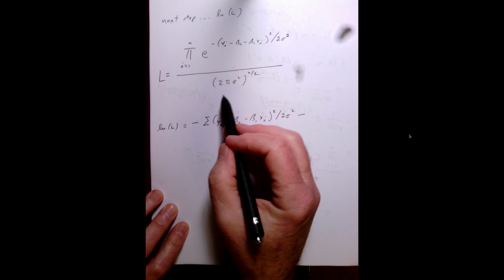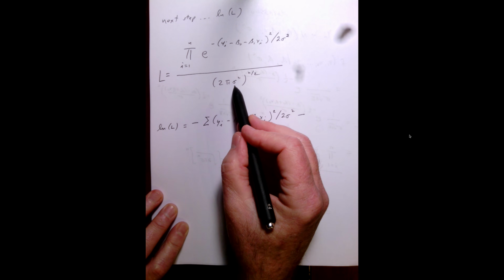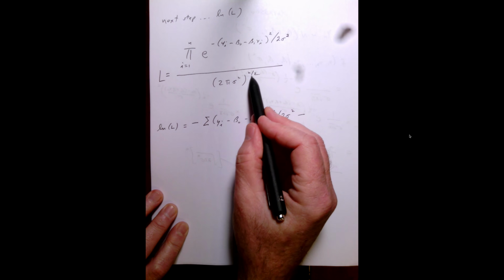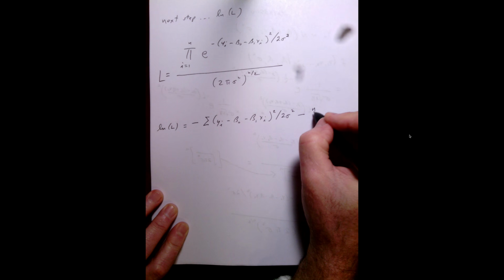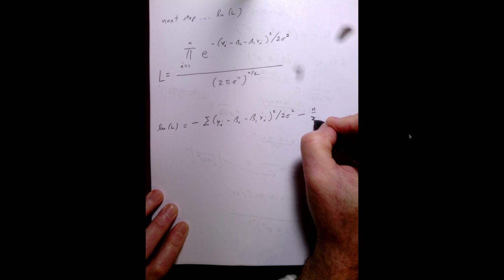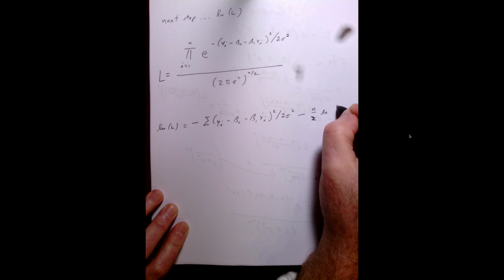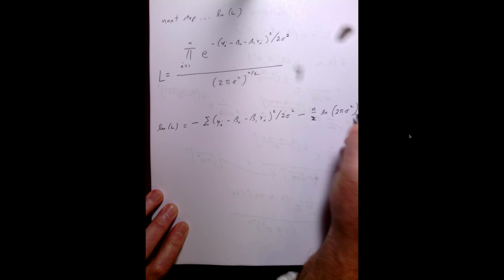The natural log of something raised to a power is just the power, that's n over 2, times the natural log of 2 pi sigma squared.